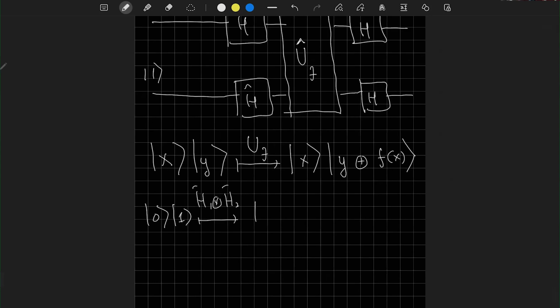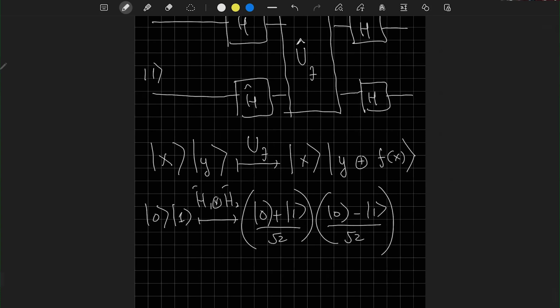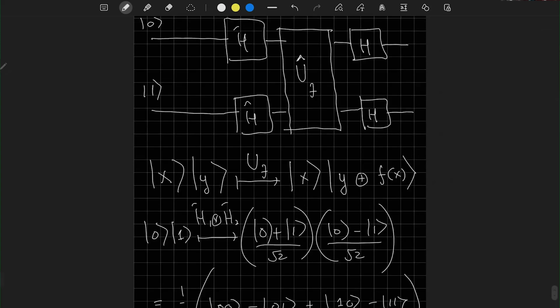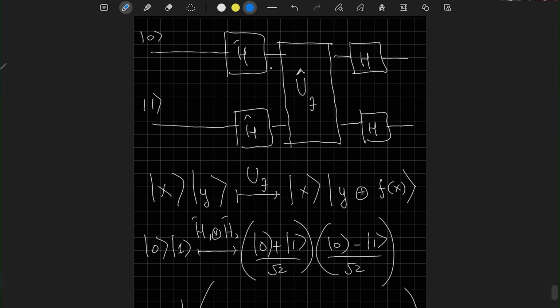The first state goes to ket 0 plus ket 1 over root 2. The second goes to ket 0 minus ket 1 over root 2. Then I just break this up: ket 00 minus ket 01 plus ket 10 minus ket 11. So this is my quantum state at this location.